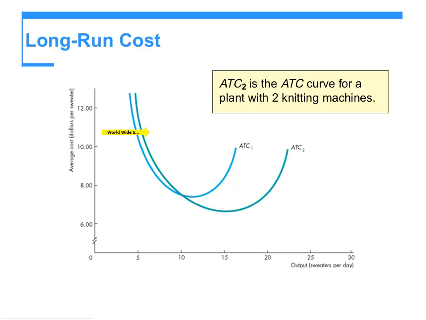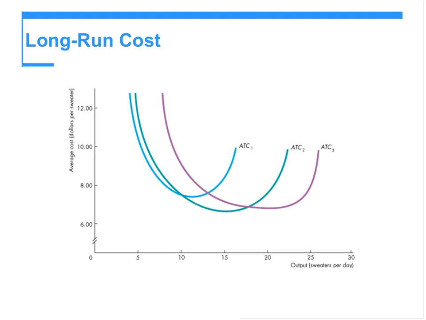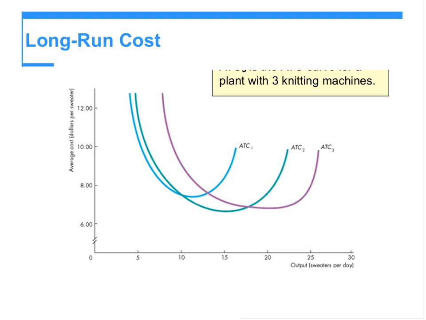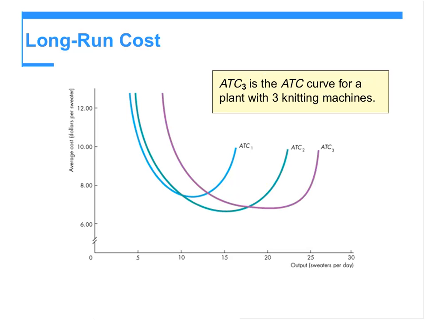Average total cost has a lower minimum, and it takes much longer to increase. So you see, at higher output it will reach the minimum, and at higher output also average total cost tends to increase. But if you add the third knitting machine, the same thing happens again.